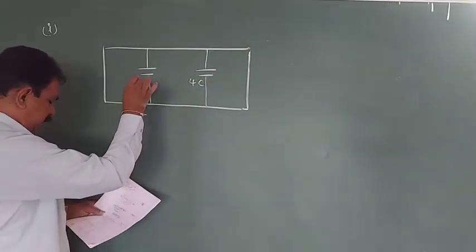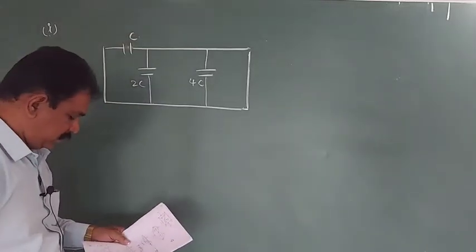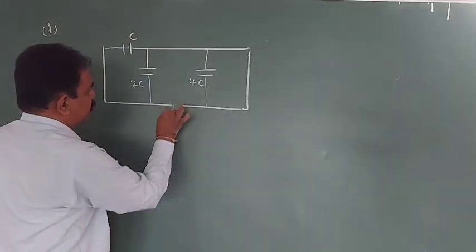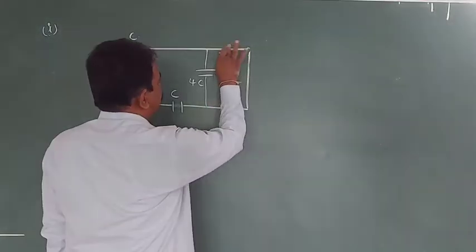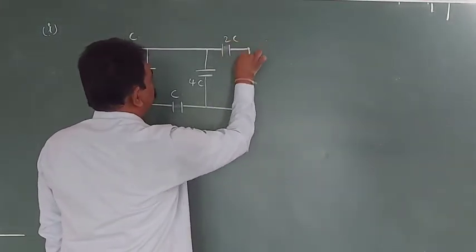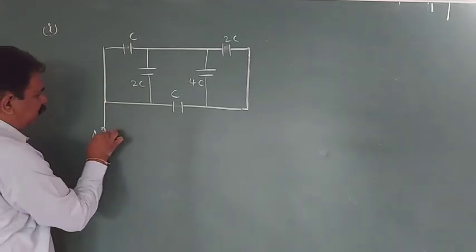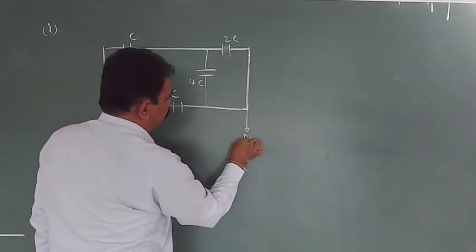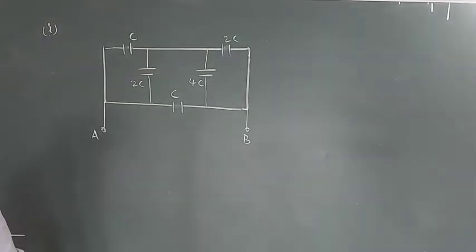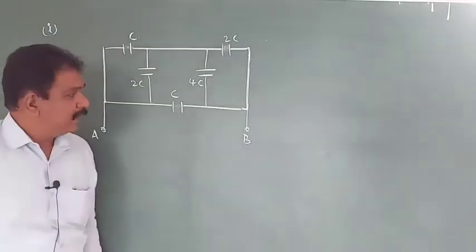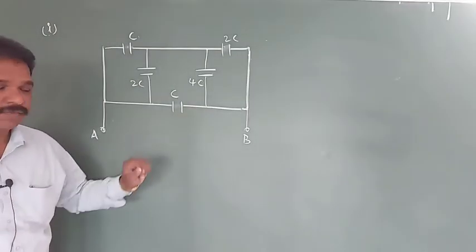Here one capacitor is there, it is C. And here one capacitor is there, this is C. Here one capacitor is there, 2C. Here point A, here point B. Then they are asking, try to find the capacity between A and B. That is the question. Point is clear?